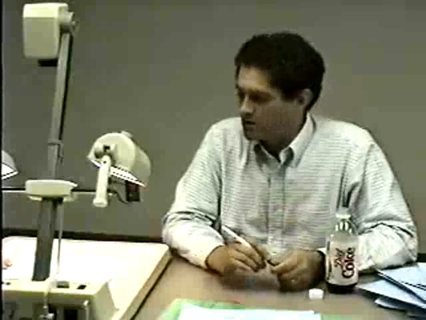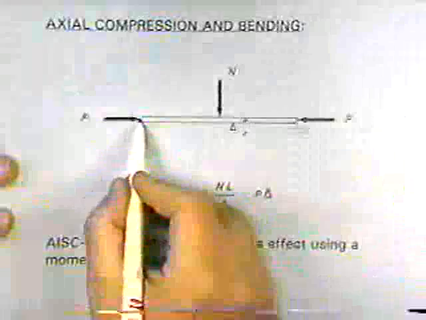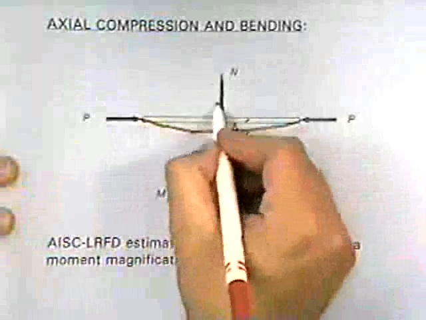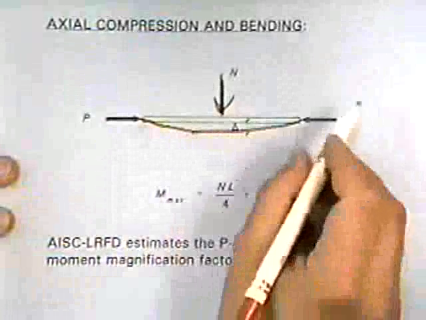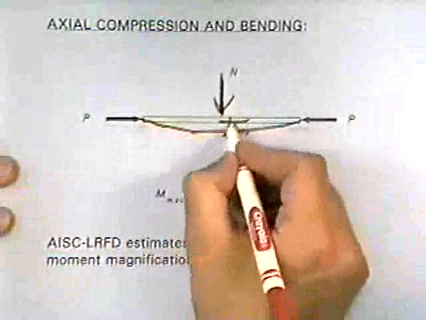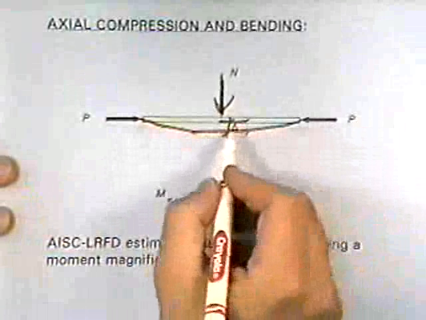The most difficult combined loading case is when you have axial compression and bending, or a beam column. The problem there is as the member deflects due to the bending from the transverse loads, the axial compressive force becomes eccentric, and you end up with an additional moment.